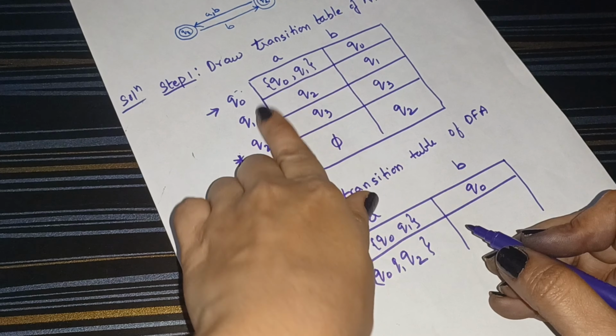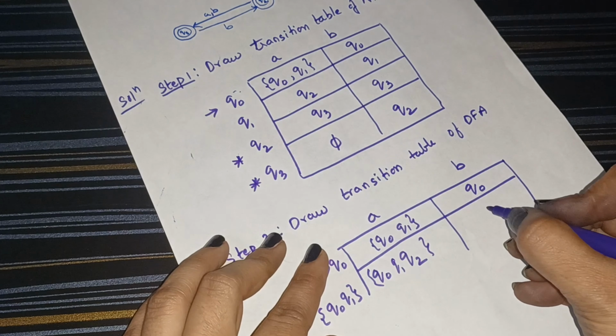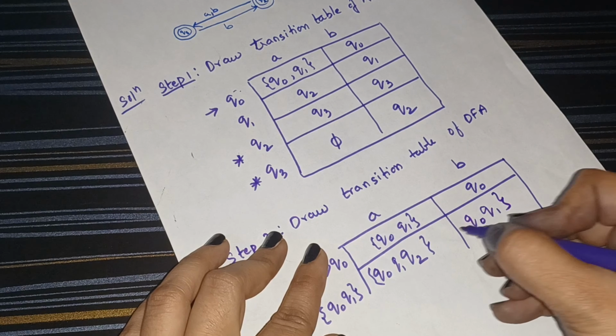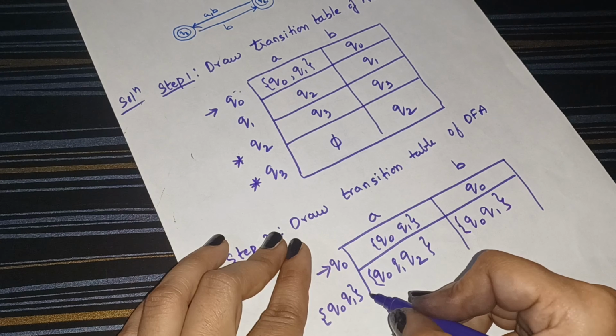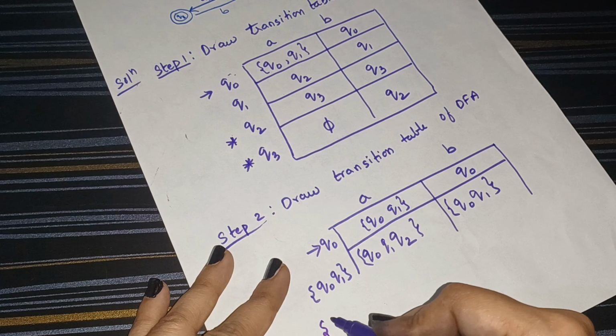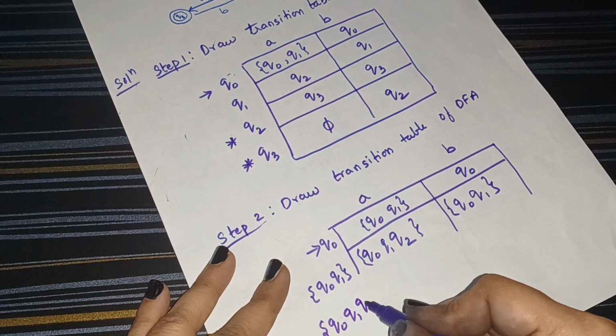Q0 on B is Q0, Q1 on B is Q1, so Q0, Q1. So the new state is Q0, Q1, Q2, and we will form Q0, Q1, Q2.